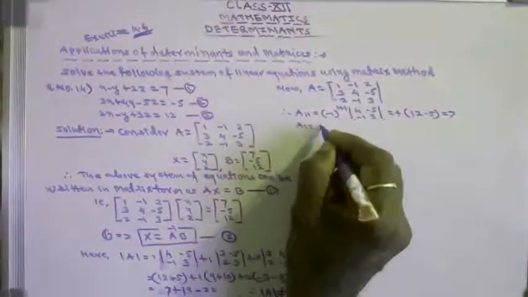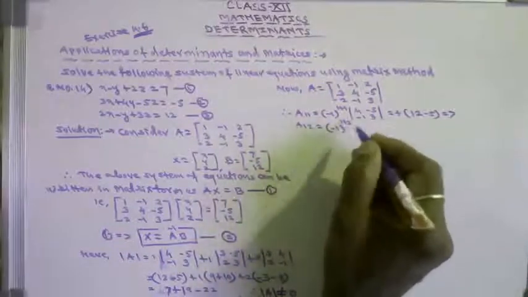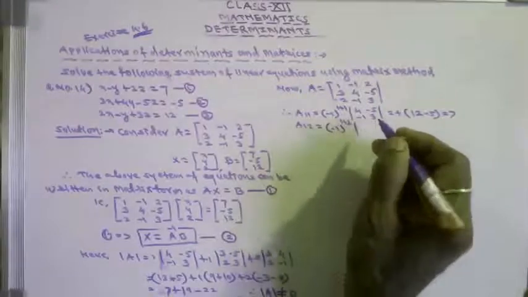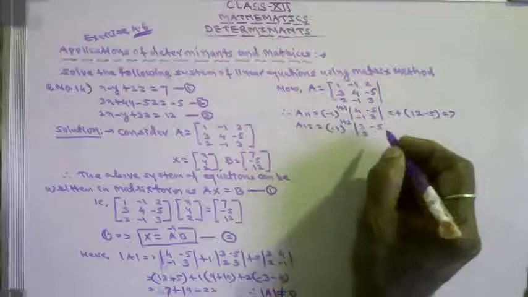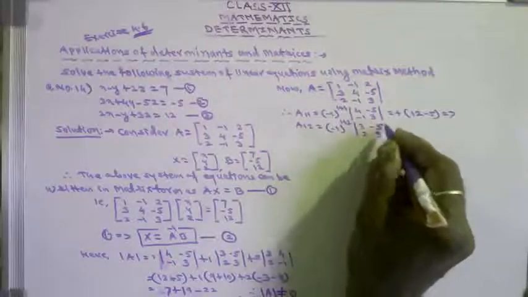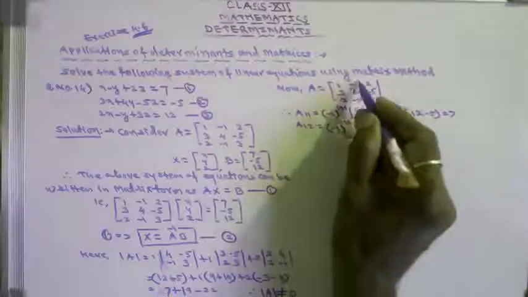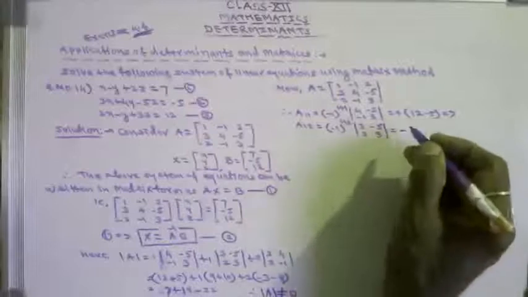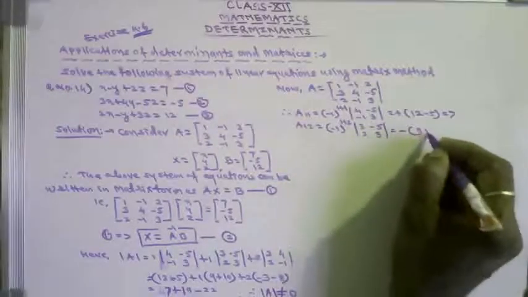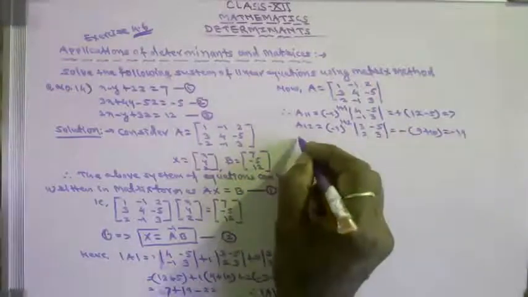Now A12 is minus 1 raised to the power 1 plus 2, it becomes negative, into the determinant 3 minus 5, 2 and 3, that is the cofactor of the element minus 1. So that equals minus 9 plus 10, equal to minus 19.